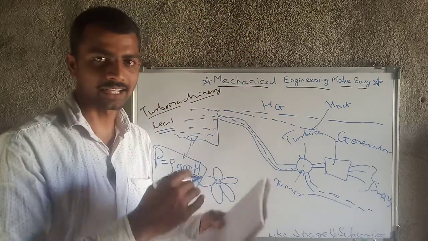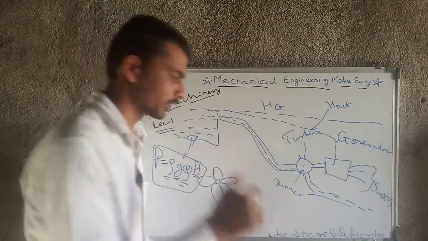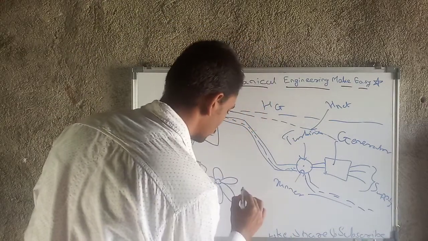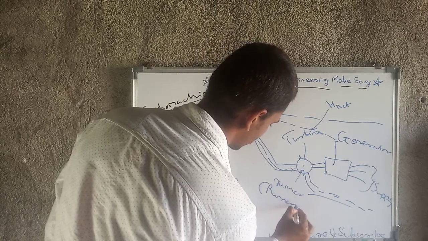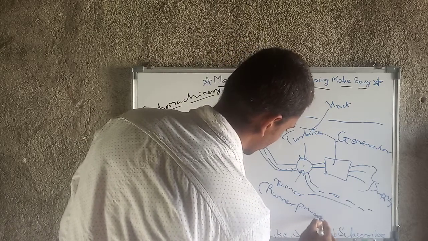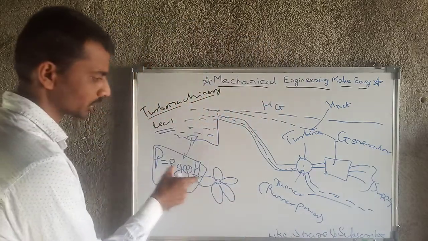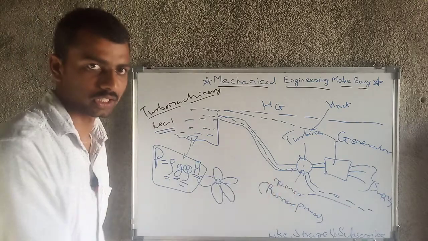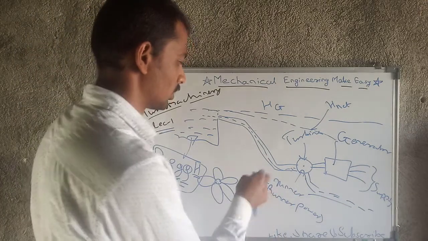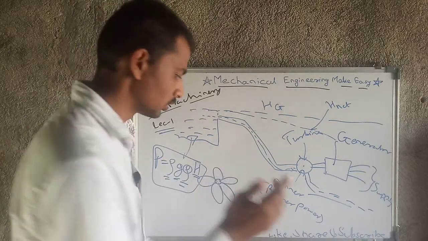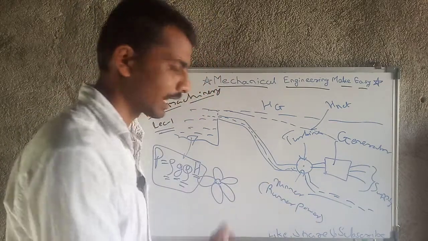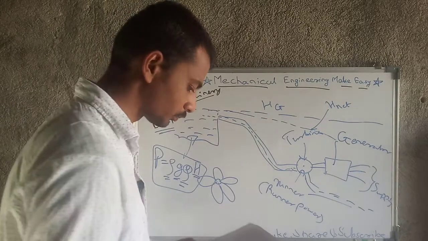Runner takes that much amount of power from the water, so that is runner power. Runner power is rho g Q H minus some losses, and those losses are because of the conversion of water power into runner power.